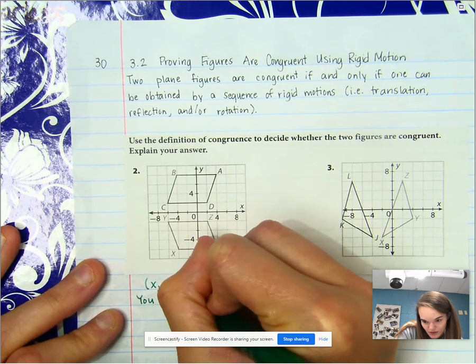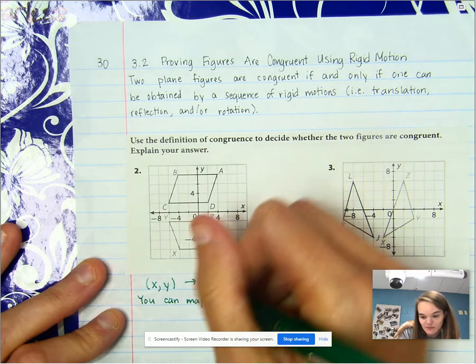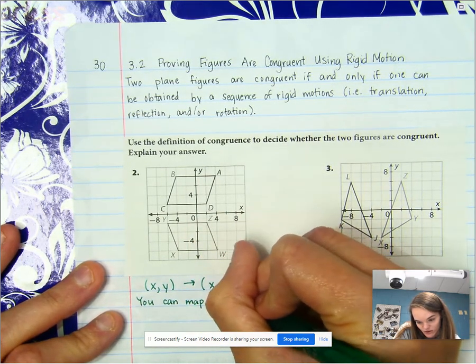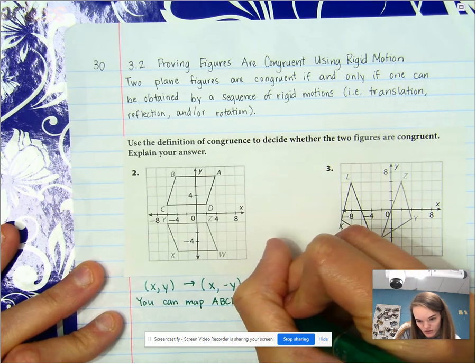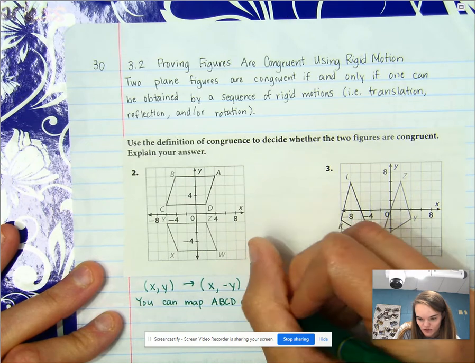So to explain, you can map A, B, C, D onto W, X, Y, Z. We have to match them up.